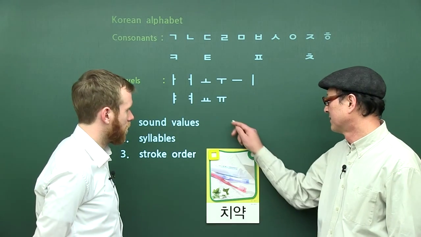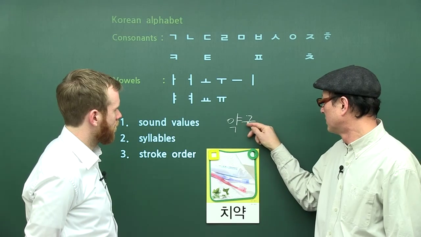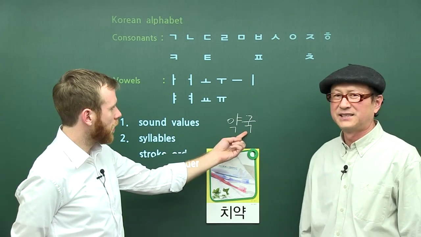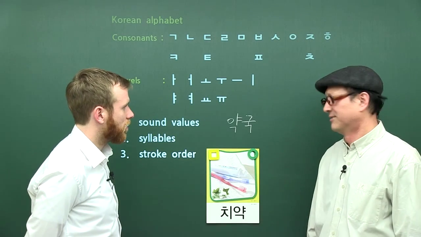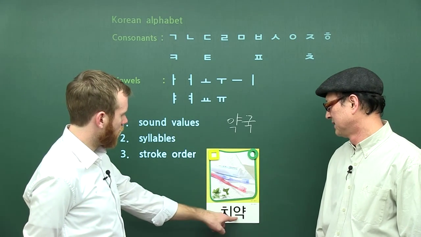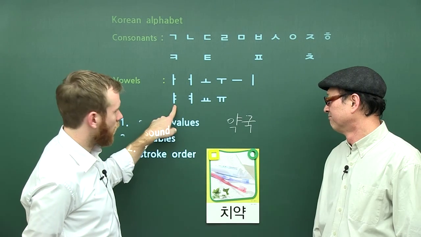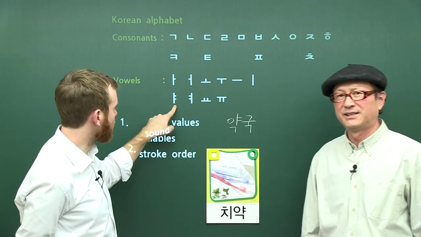Okay. 그래서 이거 알아요? Yep. So yakguk, 약국, which means a pharmacy. Right? A place that sells medicine. Okay. 약. So again, if we look at yak, we have our vowel, kind of the y, a, ya.